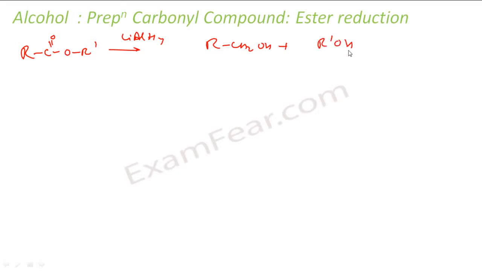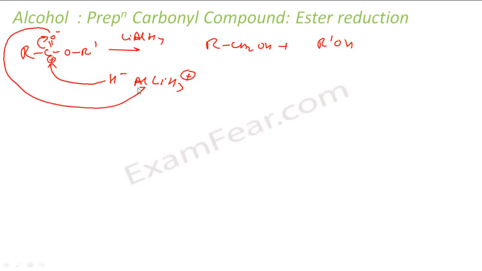Same thing, nucleophilic addition reaction. If you want, we can see the reaction mechanism here. So we'll use H minus and LiAlH3 plus. So this will go in this direction. This will be negative charge. This will be positive charge. This H minus will go here, and this O minus will attack this guy.